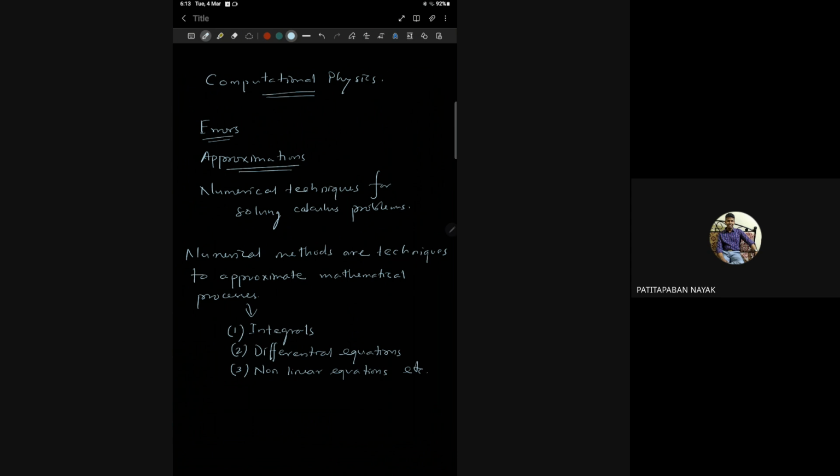So for this purpose, we actually need approximation. So this is what I was telling, that numerical methods are techniques to approximate.